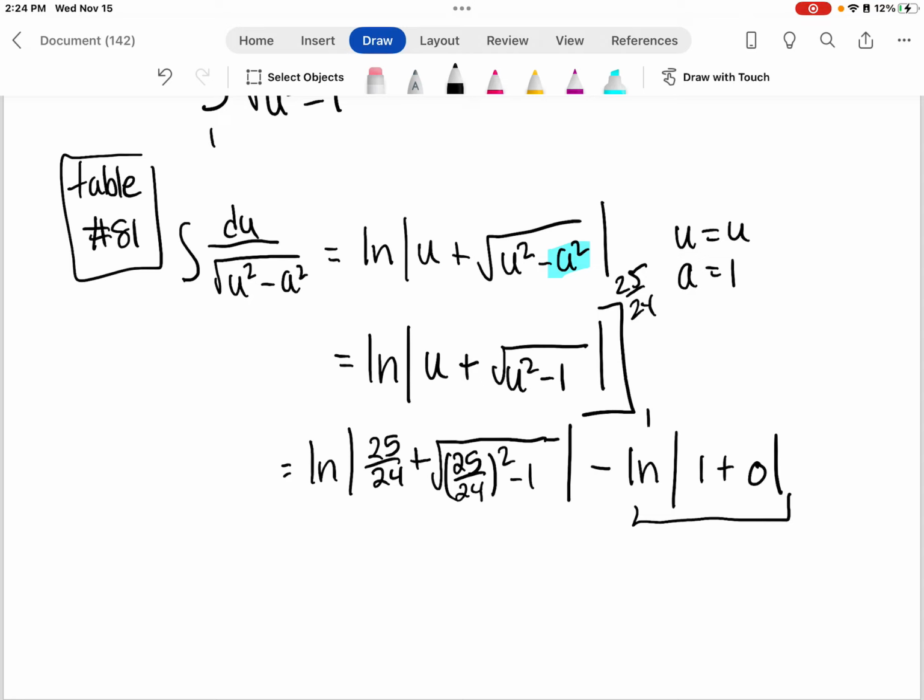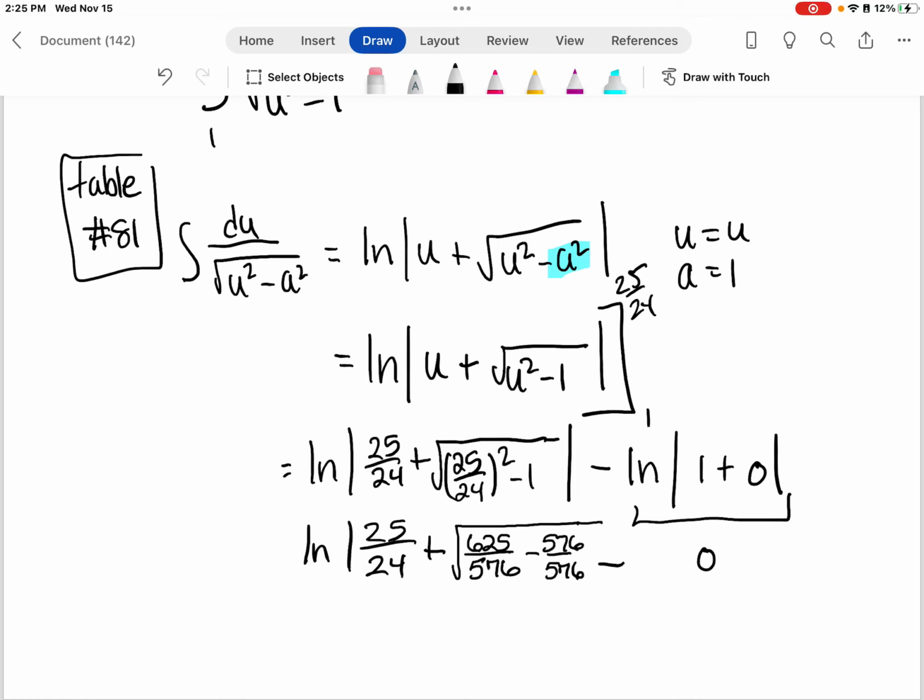This whole thing is going to simplify to 0, because this gives me the natural log of 1, and we know that that's equal to 0. We have 25 over 24 plus, so when I take 25 squared over 24 squared, that's going to give me 625 over 576 minus, and now inside the square root, I'm going to create a common denominator so that I can combine my fractions.